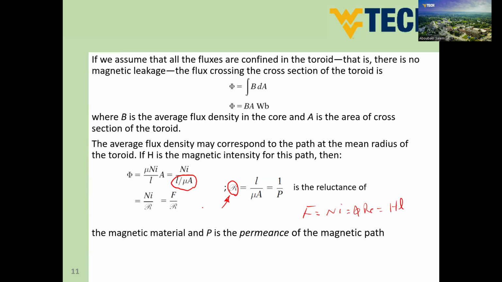Substituting here again in our relation, we can say now flux equals N times I divided by R, and N times I, which is the ampere turn, is the magnetomotive force. So this is the relation, and this is going to be, guys, the general relation that we will use in our problems.